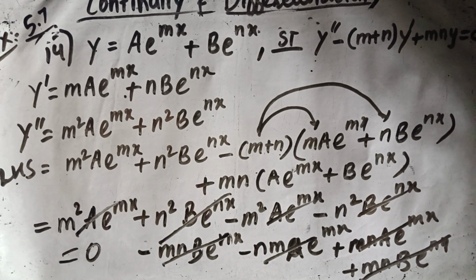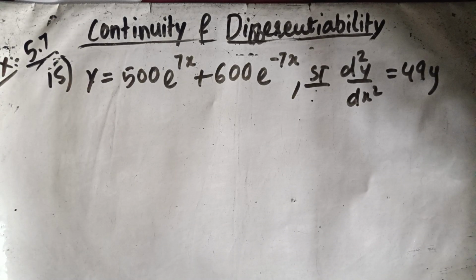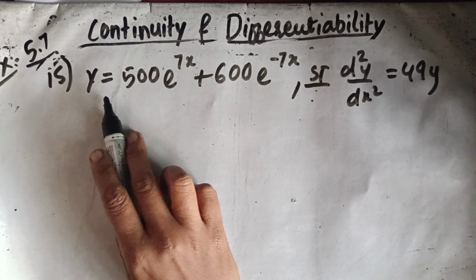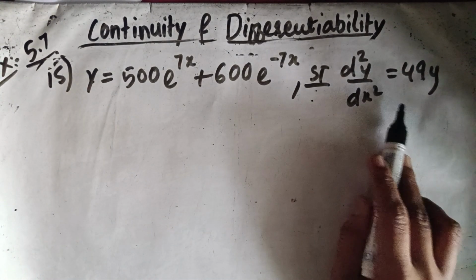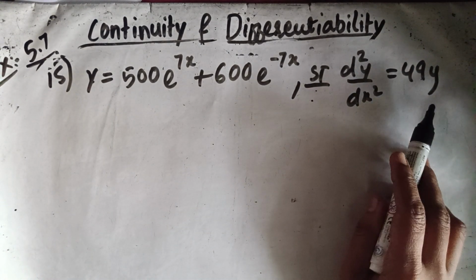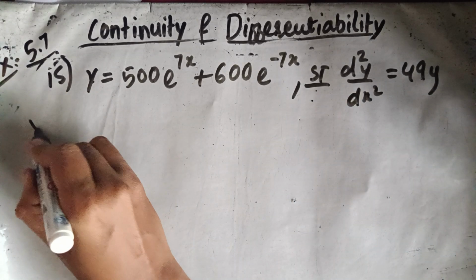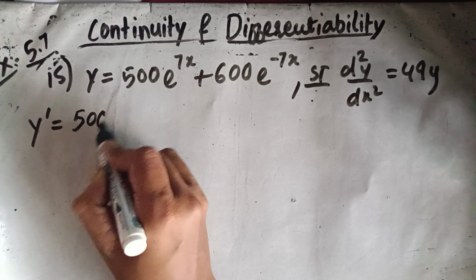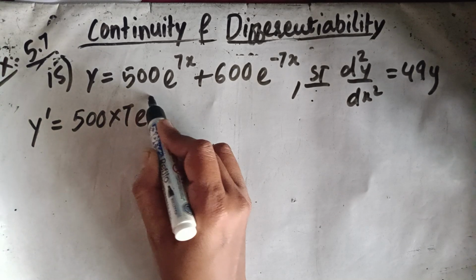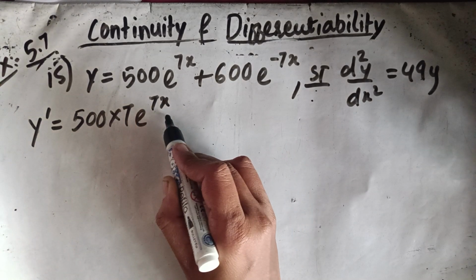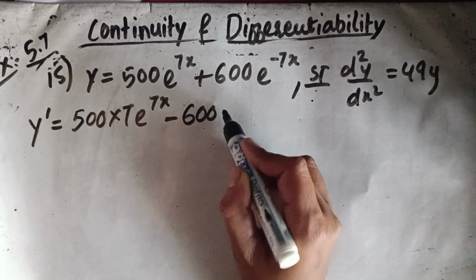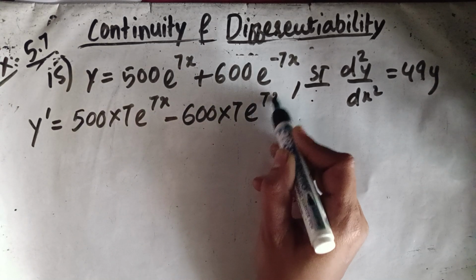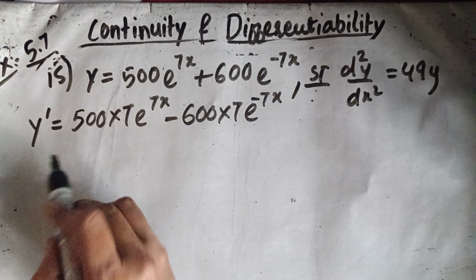Okay. Next question. So here y is given, you have to show this, that is d square y by dx square is equal to 49y. Y dash is 500 into 7 e raised to 7x minus 600 into 7 e raised to minus 7x.